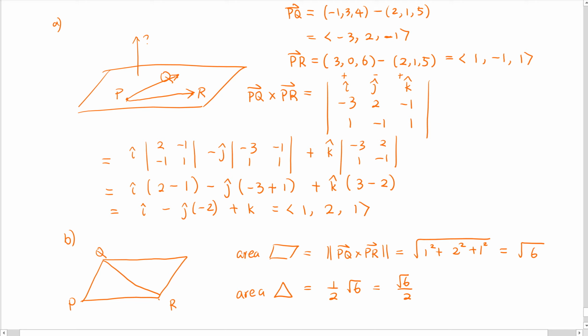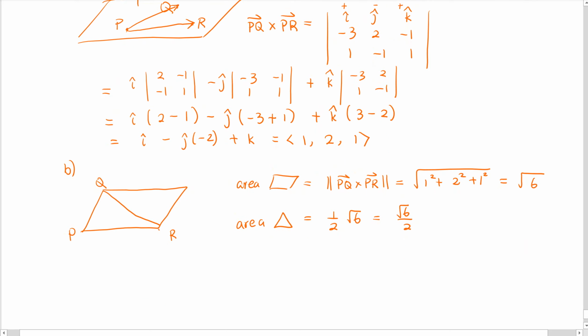So see, in this example we make use of the fact that the length of the cross product equals the area of the parallelogram. Okay, so you might want to ask, what if I use QR and PR?